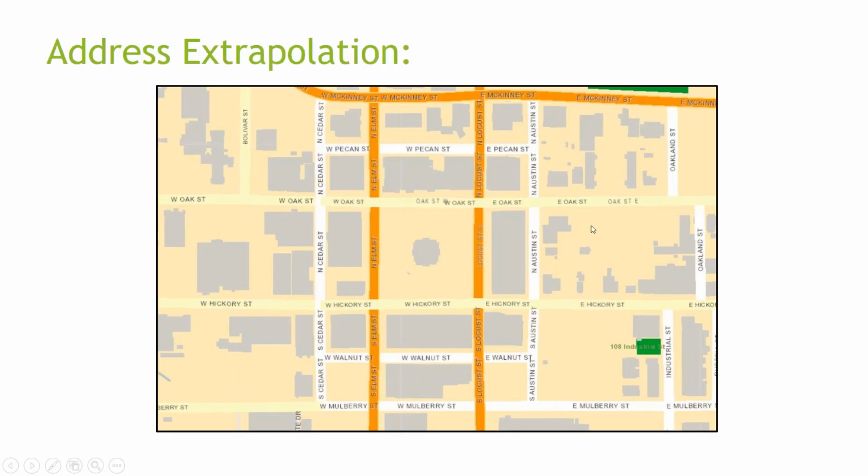extrapolation. So if you have a range of say 100 to 500 on your Hickory Street here, but someone has given you an address of say 90 Hickory Street, it turns out that's out of range. There's actually not a 90 Hickory Street here. It really starts at 100.